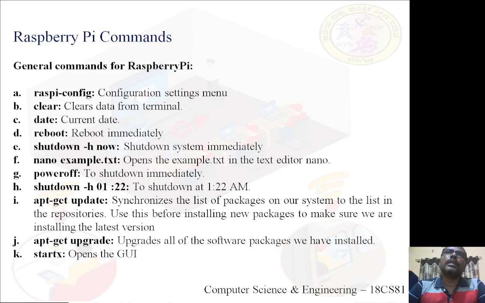Means it opens the file named example.txt. We can make changes and we can save it. Poweroff is like shutdown. It shuts down immediately. shutdown -h 01:22 means here it won't shut down immediately, rather it shuts down at a specified time, 1:22 a.m.